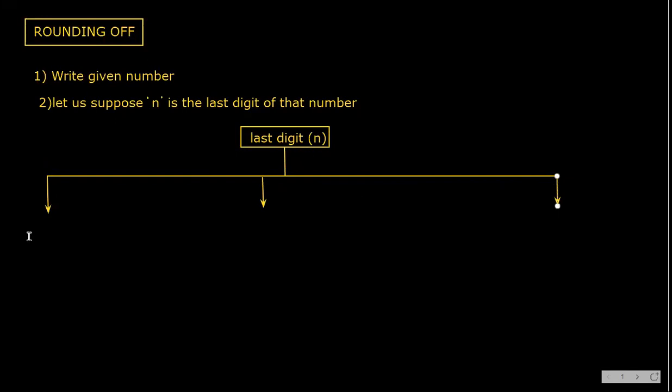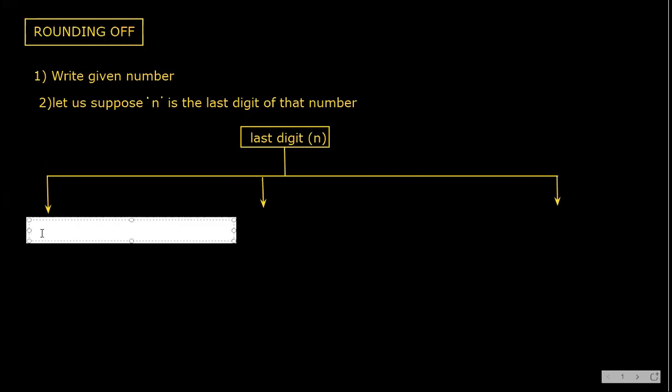So the first possible case is n may be greater than 5, है ना? n is greater than 5.